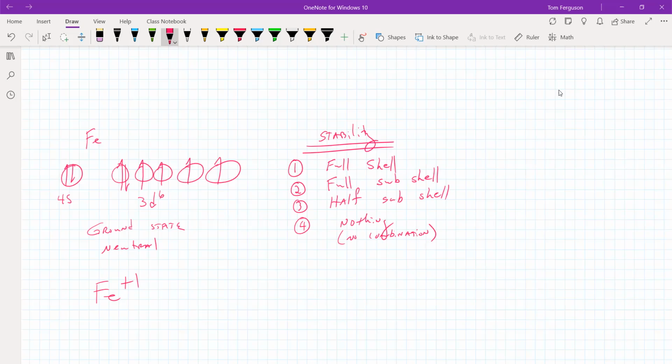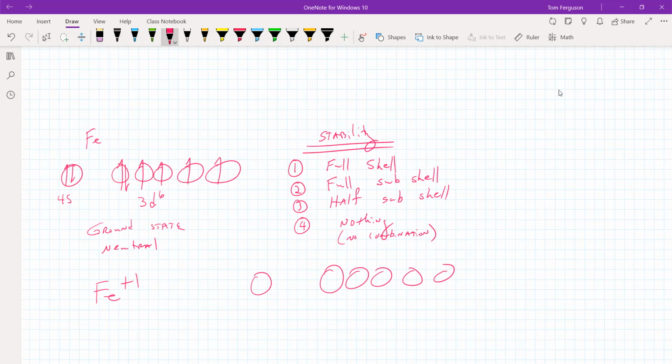What's the configuration for Fe+1? Let's look at the orbitals. How many electrons does Fe+1 have valence-wise? Well, there are 2 in the S, right?